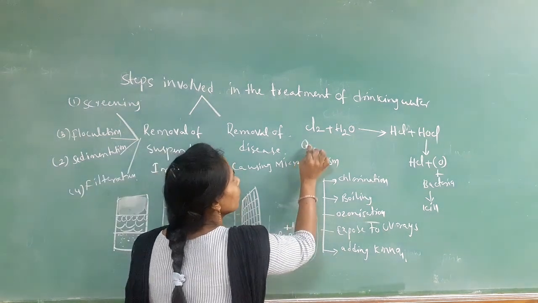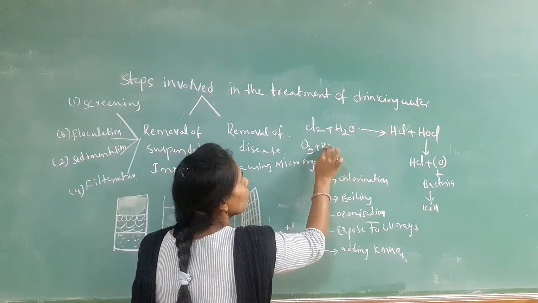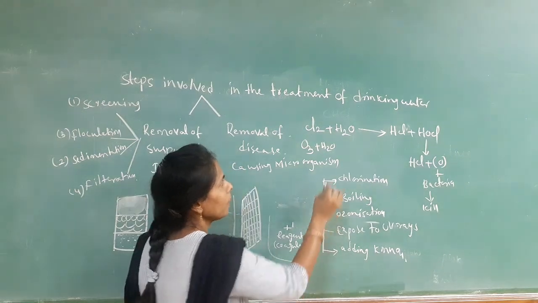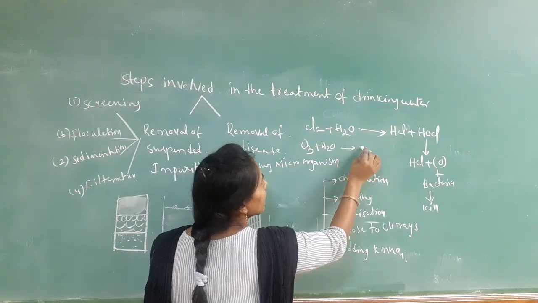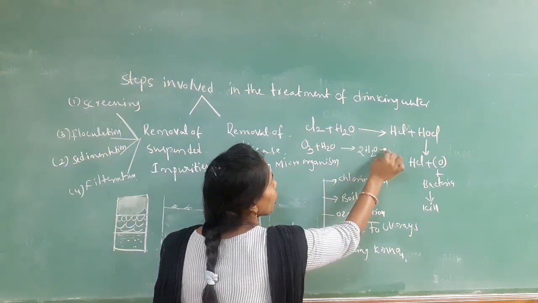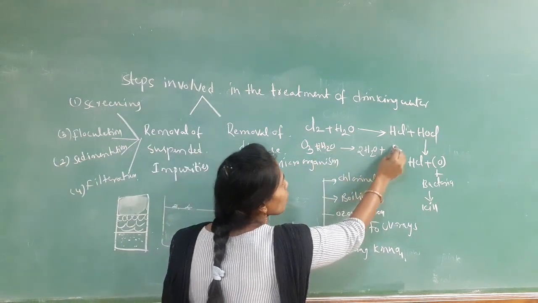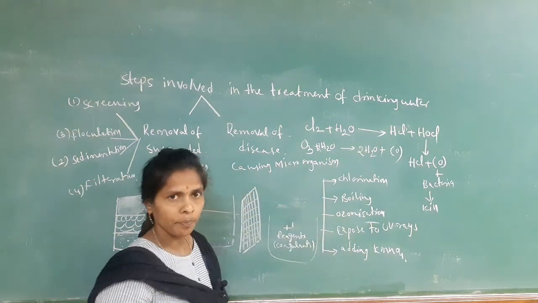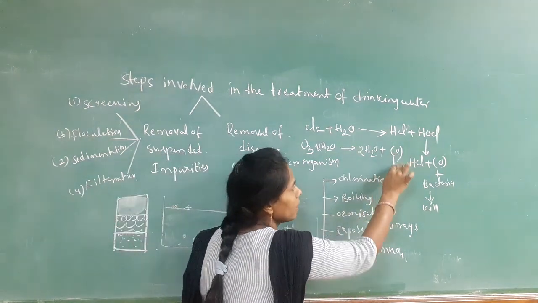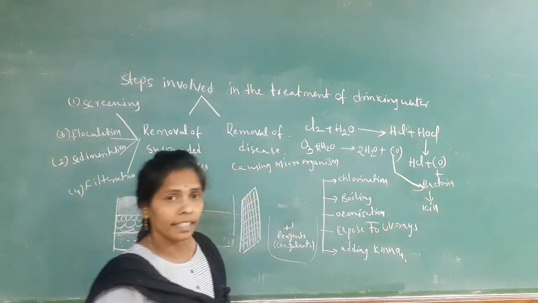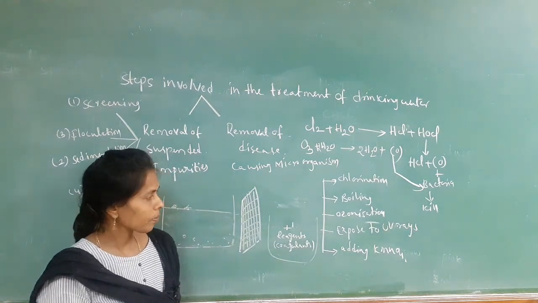Let us see here the ozone. When the ozone reacts with the water sample, it forms a water molecule and also releases nascent oxygen. This nascent oxygen reacts with the bacteria and kills them.